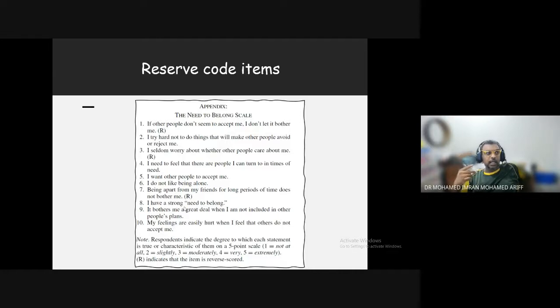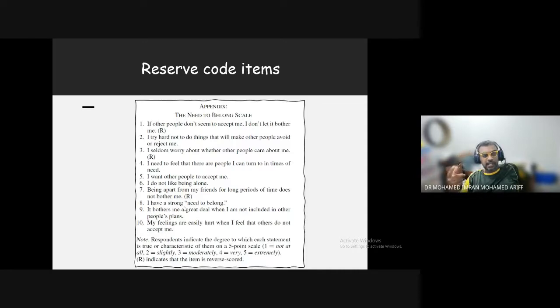Let's say kita ada exercising, fasting, and eating well. Dalam exercising, we have 5 questions, eating 5 questions, and puasa 5 questions. Okay, so we have 15 questions in total.